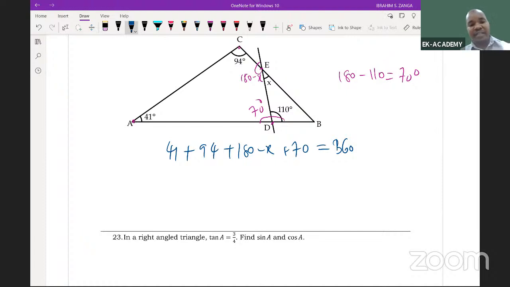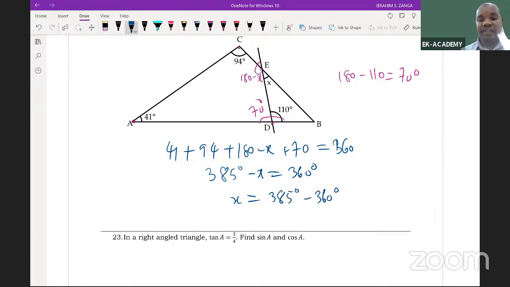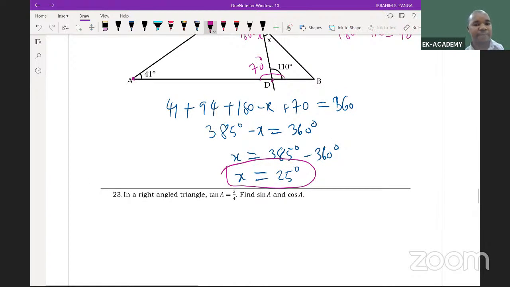Now you have 41 plus 94 plus 180 plus 70, you get 385 degrees minus X equals 360. So X will be 385 minus 360 degrees. And the value of X now is going to be 25 degrees. So that is the value of X, dear students.